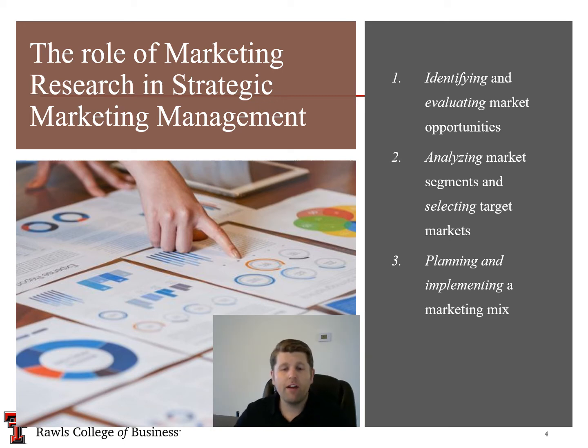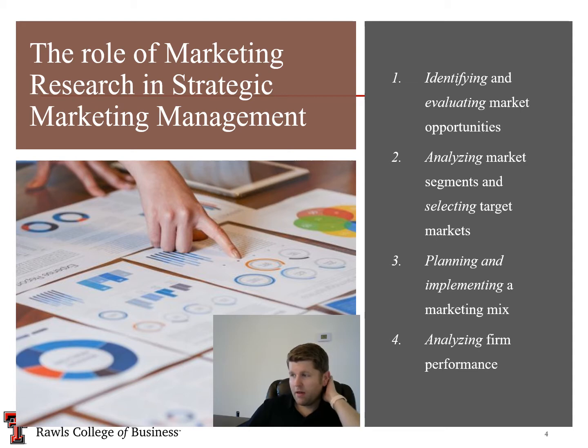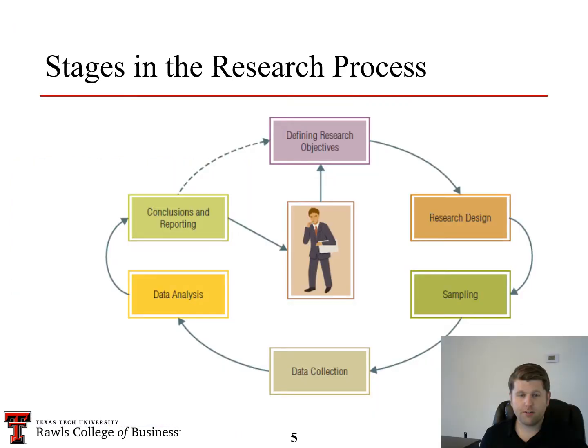Because if we don't have a strong grasp of what the market conditions are to be able to implement and plan our marketing mix, our company will be in trouble. And the last thing would be that we can use marketing research to analyze firm performance. And as we mentioned in previous lectures, with strategy and with competition, our concern is superior financial performance and to be ahead of our competitors.